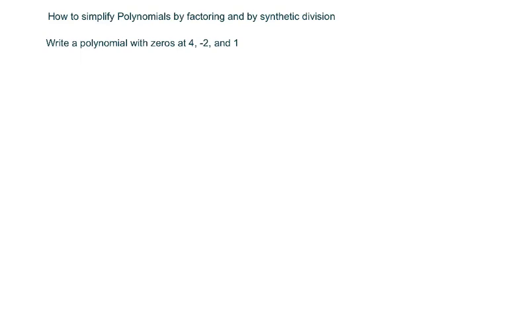Everyone, we're going to simplify polynomials by factoring and using synthetic division. This is basically a review of everything. For example, we want to know what the zeros are for a polynomial.